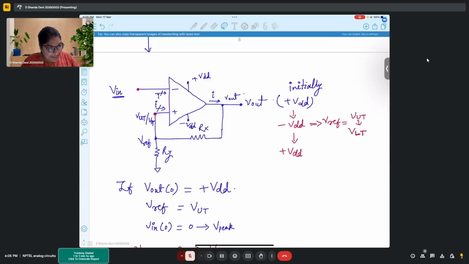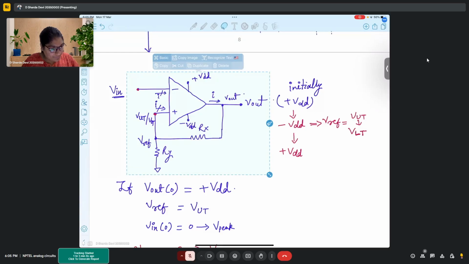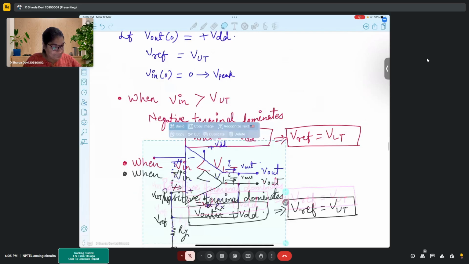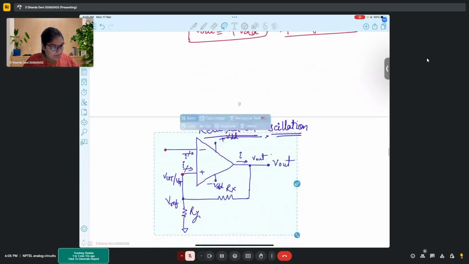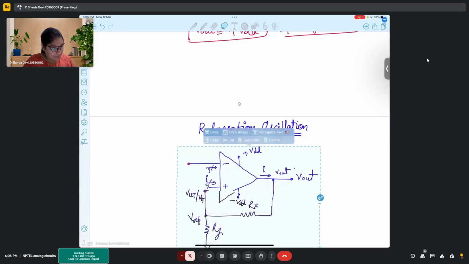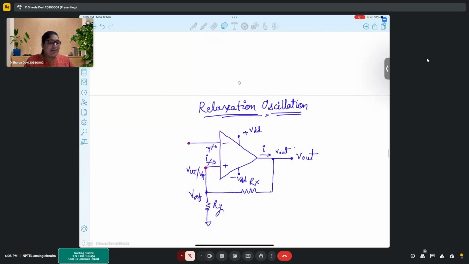So maybe I can simply duplicate this circuit only. See, I don't want any input circuit. I don't want any input to be given. So somehow this circuit should get some input internally, and from there it should start to generate a sine wave. It should look similar to that of a sine wave, and then that will be converted into a square wave, right?